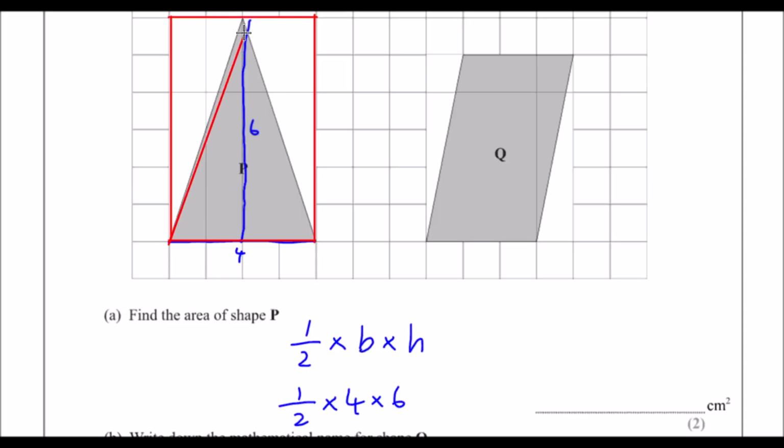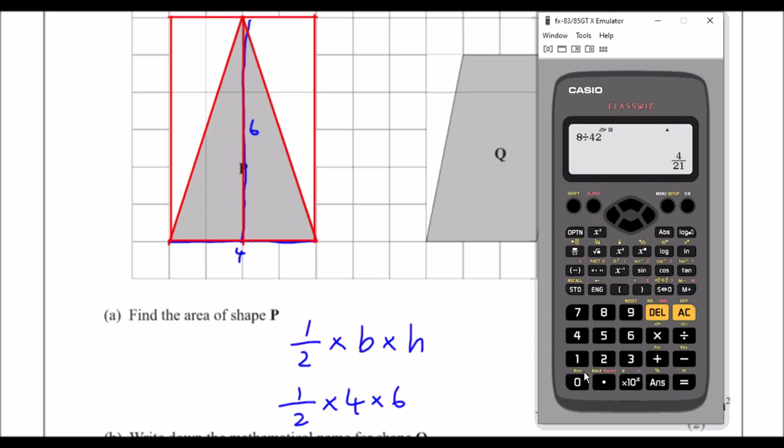And we can actually see from this diagram that we've got half of the rectangle. So we've got half of this part of the rectangle on the left, half of the bit on the right. So it shows us a triangle is half a rectangle. So it's the same as doing 4 times 6 and then halving it. Base times height divided by 2. Half times base times height.